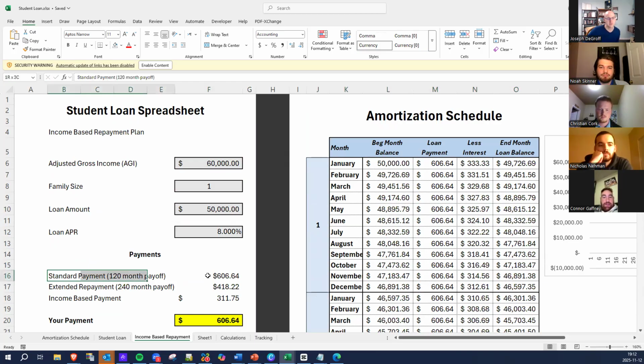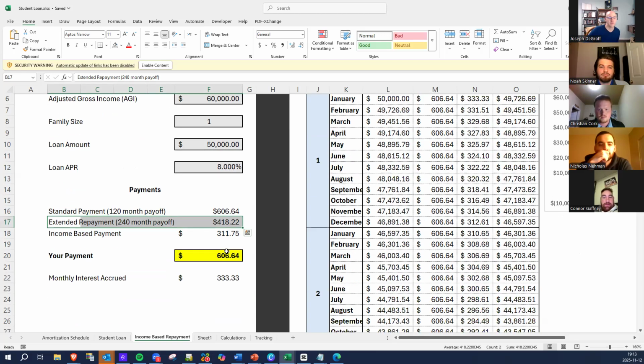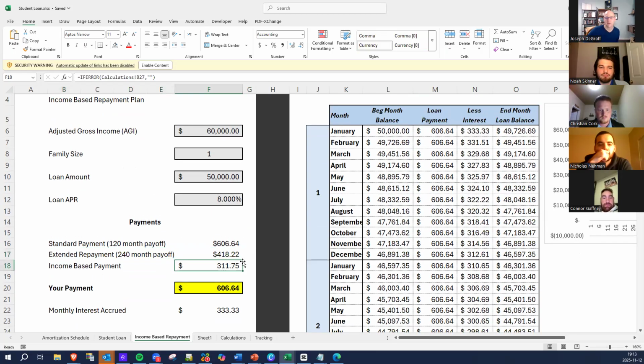Okay. So a standard repayment and extended repayment are amortized loans, and they will make your loans dead. Income-based payments are not amortized loans. They are just giving you a payment that they are allowing you to pay, but it's not a loan repayment. It's just a number that has been made up that they say you can pay on your loan. Okay.